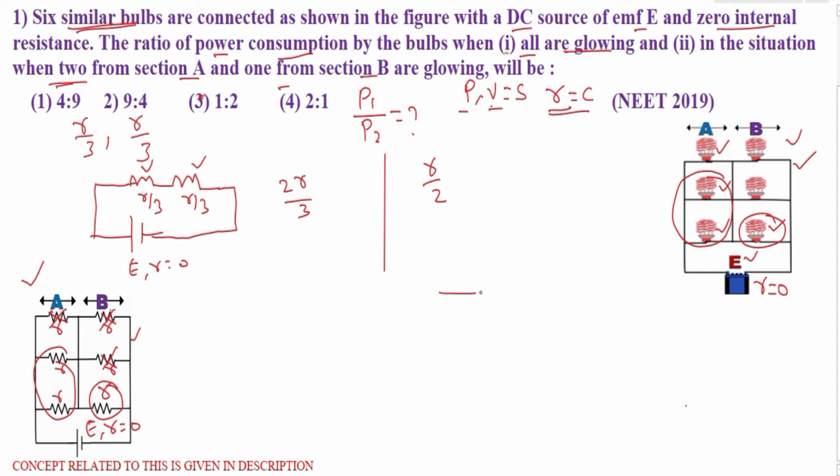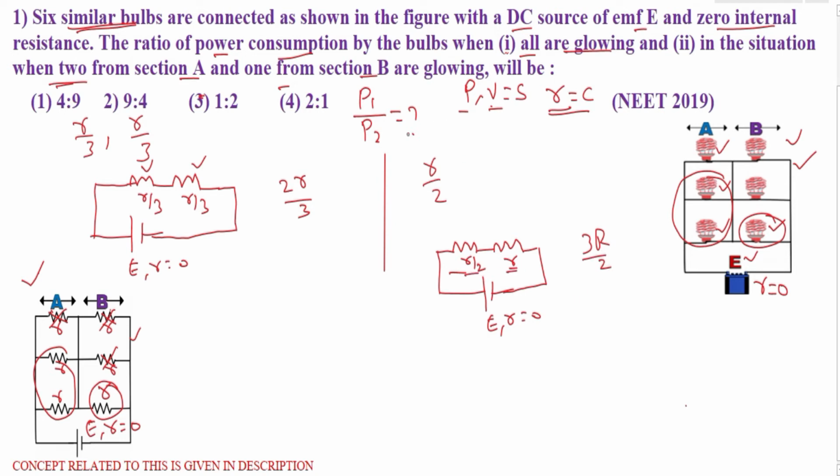I have a source of EMF E whose internal resistance is 0, and this is connected to a resistor whose effective resistance is R by 2, and this resistor is connected in series with one more resistor whose resistance is R. Now these two are connected in series. When these two are connected in series, the effective resistance will be 3R by 2.